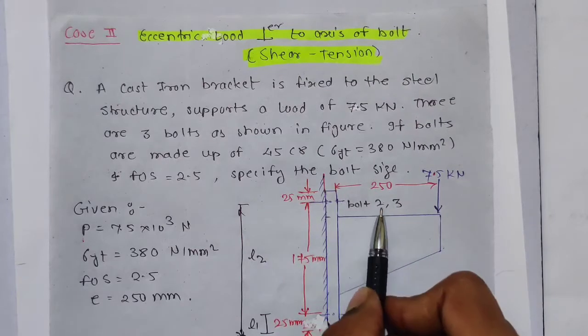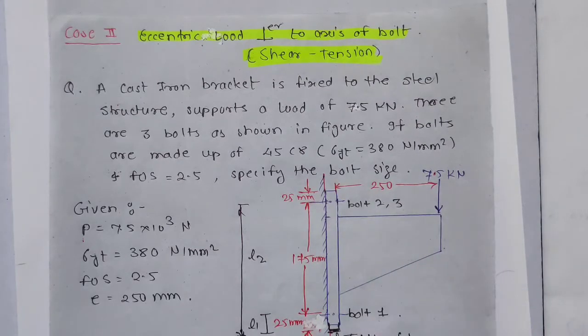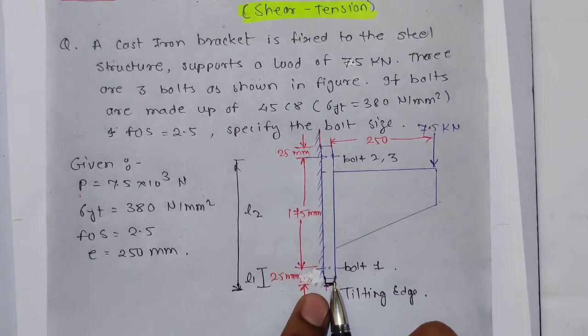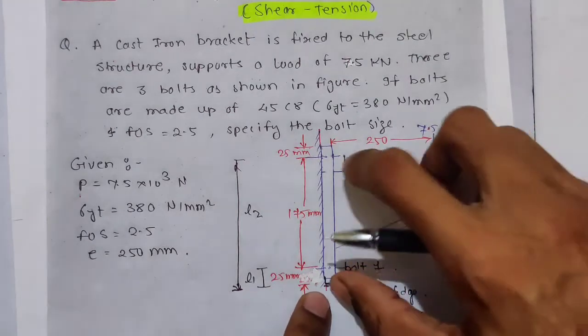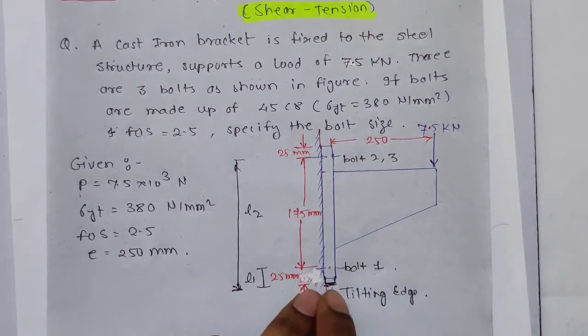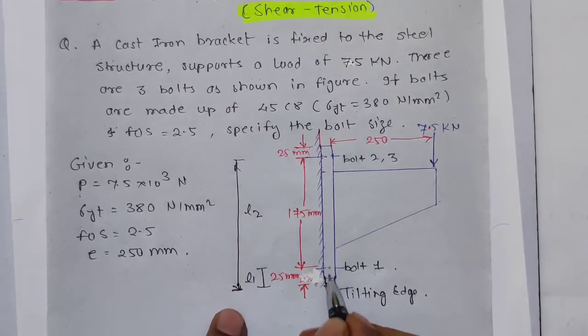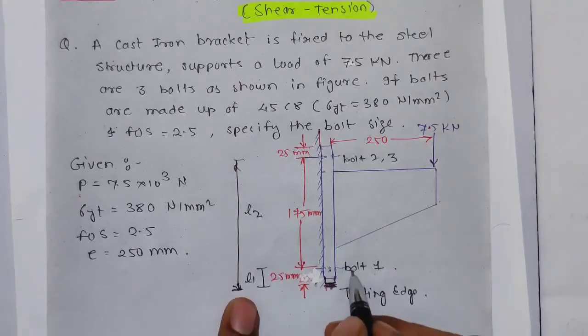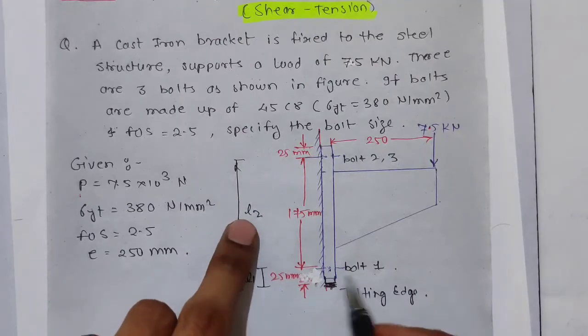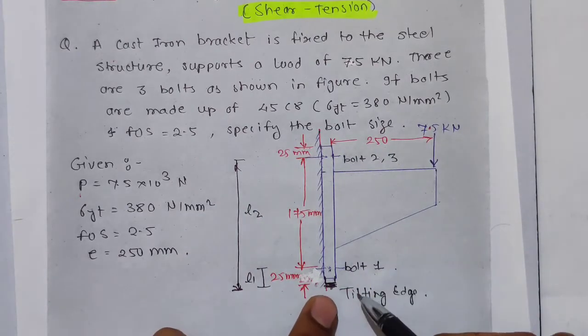This edge will come out, but this edge will stay at its position, and this whole body will rotate about it. The distance from this tilting edge to the bolt is called L. So L1 is the distance of bolt 1 from the tilting edge, and L2 is the distance of bolt 2 from the tilting edge.